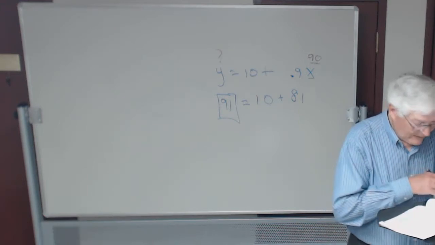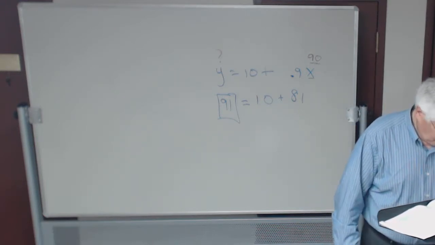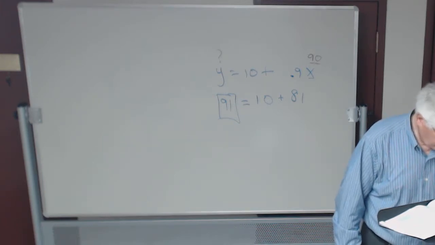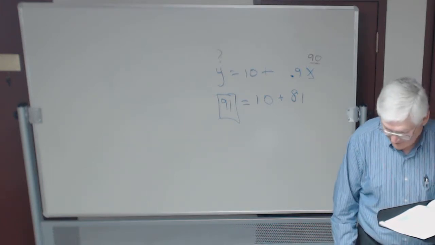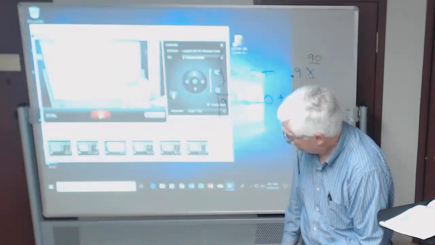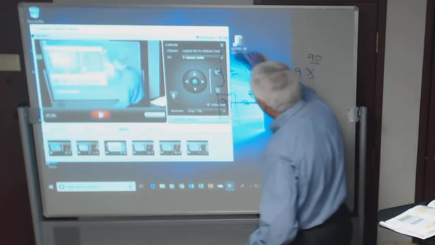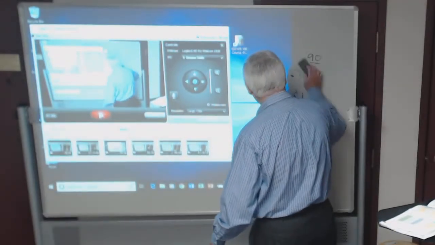Mm-hmm. So now we're ready to do the first exercise. Let's do problem number 23. Let's make a scattergram. All right, let's turn this on. Let's erase this. Get this out of the way.